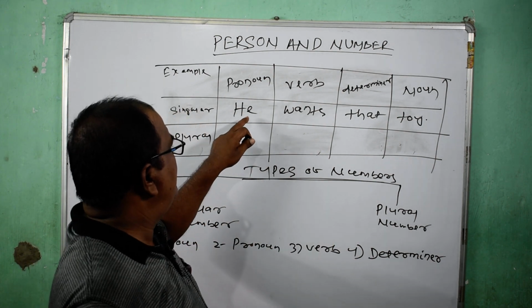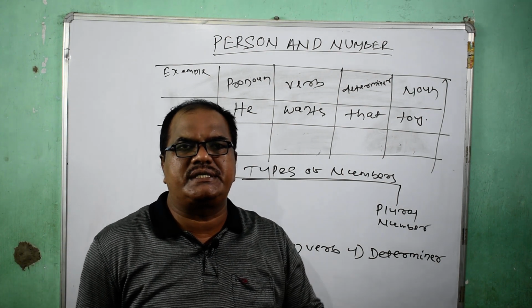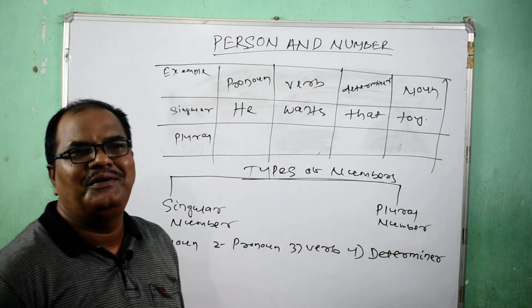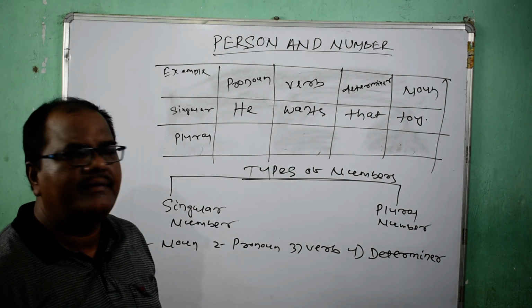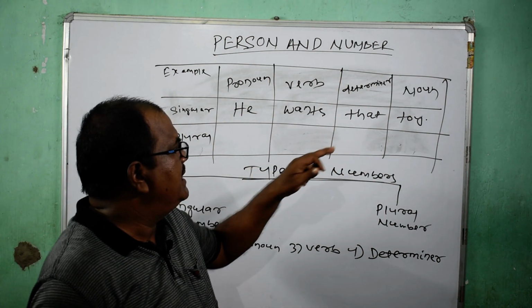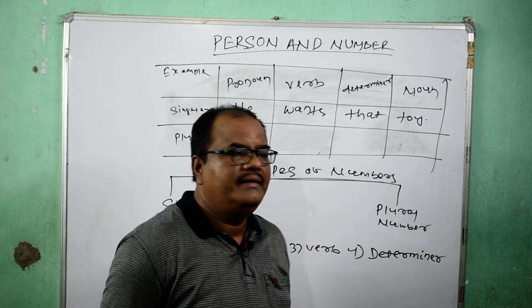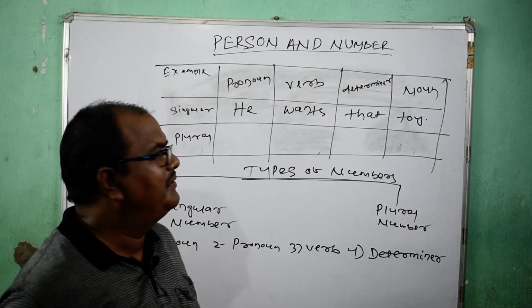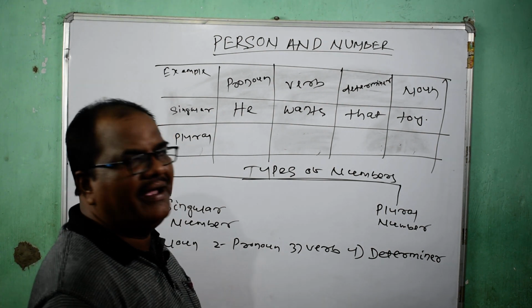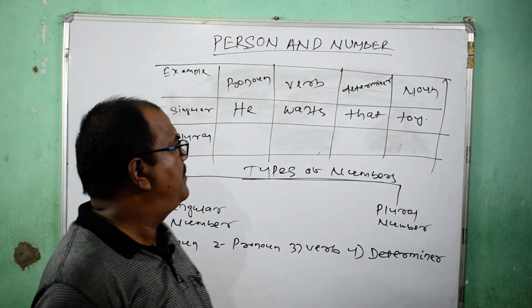He is the pronoun. A pronoun is a word which is used instead of a noun. Wants is a verb, an action word. That is a determiner. A determiner is a word that determines a noun. And toy is a noun. A noun is a naming word.